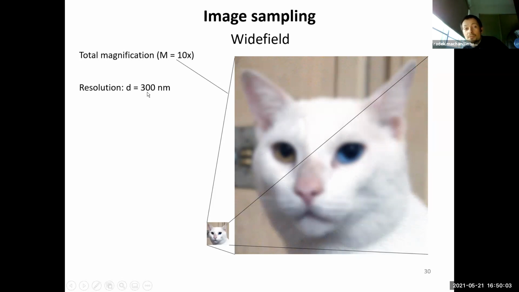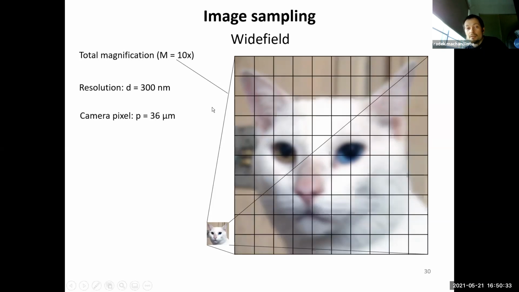This would be the ground truth, but let's say I have some limited resolution. So I have 300 nanometer resolution, which means I cannot resolve all details. This would be the image created by the objective. But then I capture the image by a camera, and the camera has a certain grid of pixels.